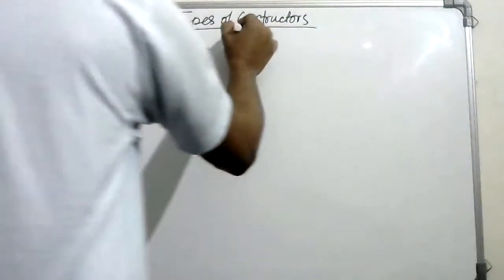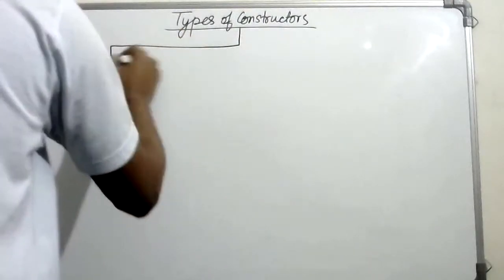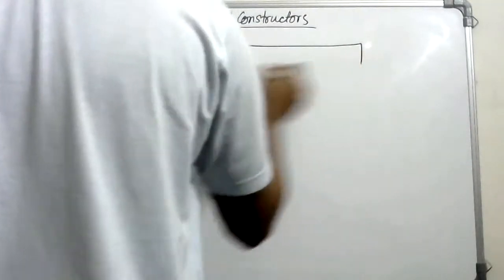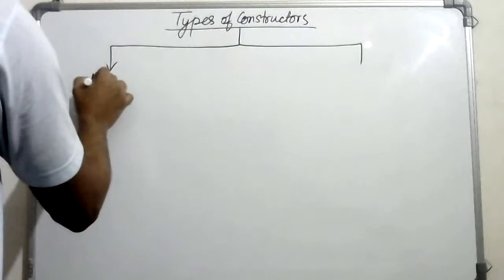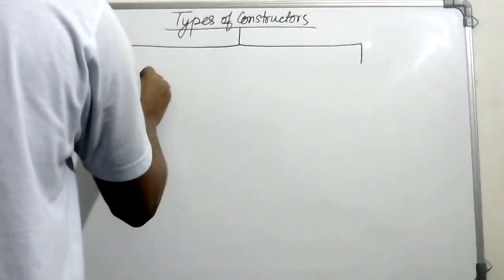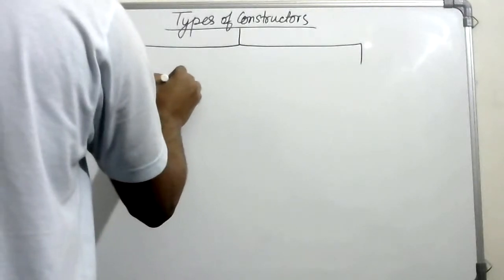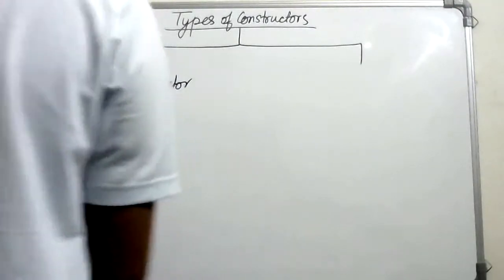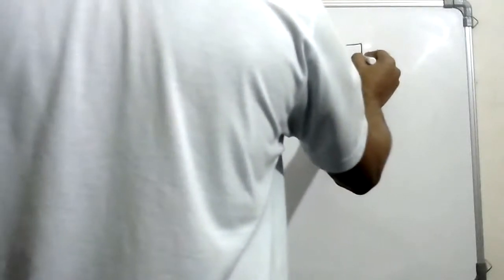There are basically two types. The first type is called the default constructor. The second type is called the parameterized constructor.